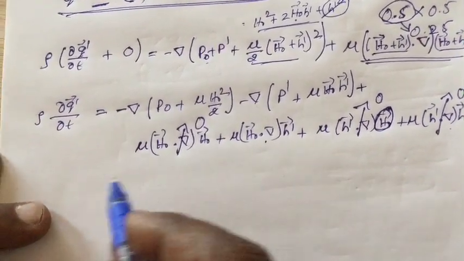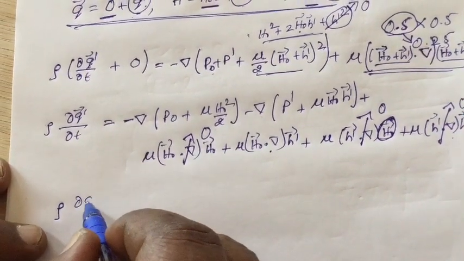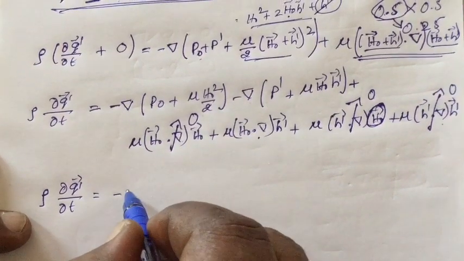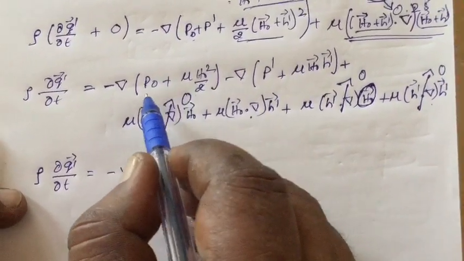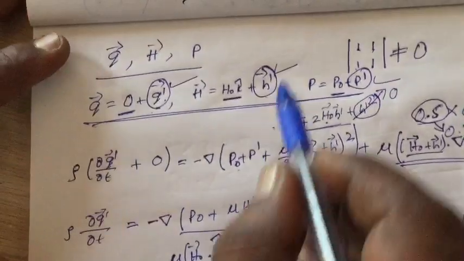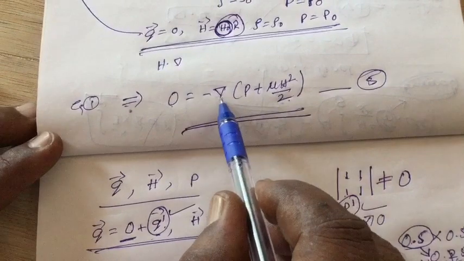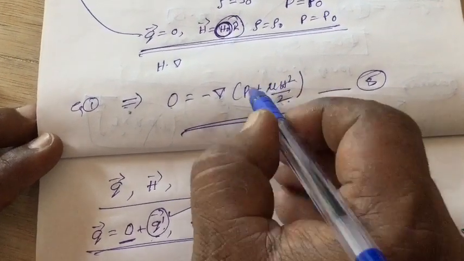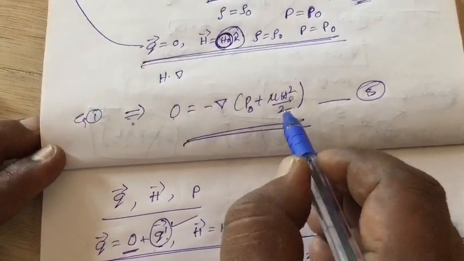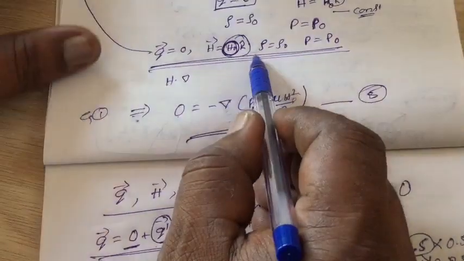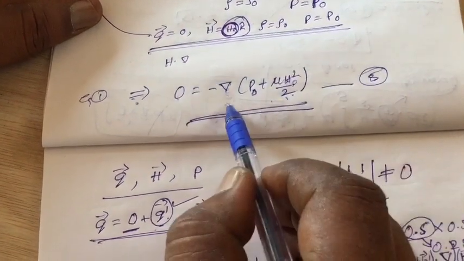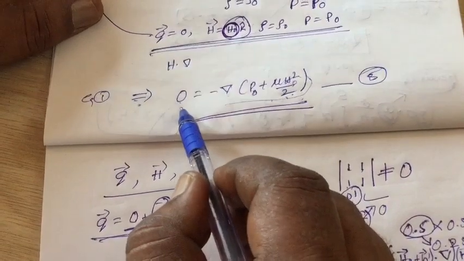So that's why the remaining term is rho into del q dash by del t is equal to minus gradient. Look here, so minus gradient of mu naught h square by 2. So from equation 5, you know that minus gradient of p naught, I forgot to write, p naught plus mu h naught square divided by 2, because by applying this basic state, this equation gives like this, equation 5. Equation 5 says this term should be equal to 0.